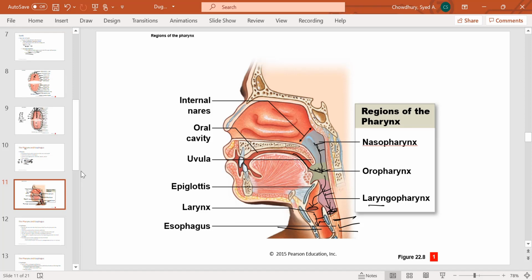If you see the nasopharynx, two structures I'll mention you need to know are present in the nasopharynx. This structure is called the adenoid or pharyngeal tonsil. Also called adenoid.